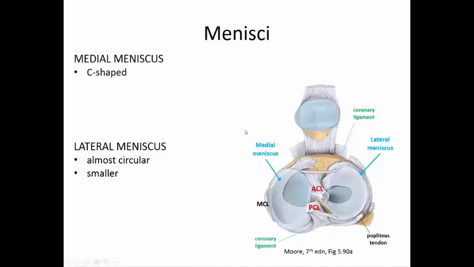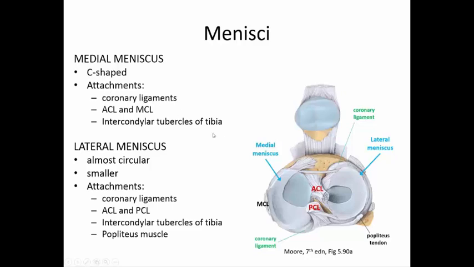It's smaller. We have attachments for the medial meniscus. We have the coronary ligament. We have the anterior cruciate ligament and the medial collateral ligament attaching to this medial meniscus. Our lateral meniscus attaches to the coronary ligaments, the anterior cruciate ligament, and the posterior cruciate ligament.